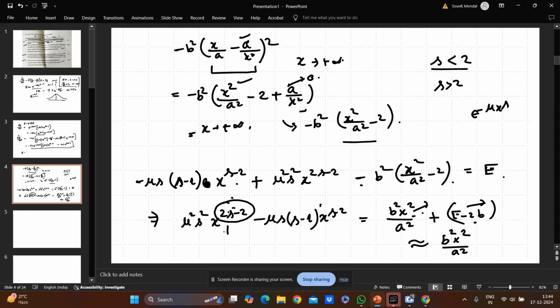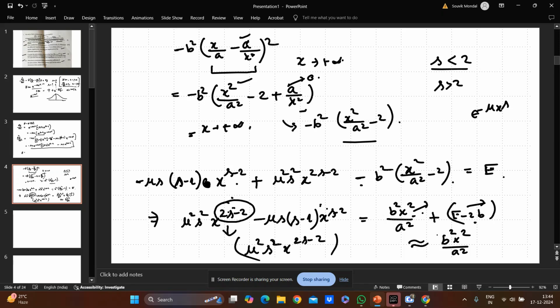So this will be the dominating contribution, and the other will have much less contribution at x tends to plus infinity. So from these two terms, only this term survives and the other is gone because of the dominance of this term.